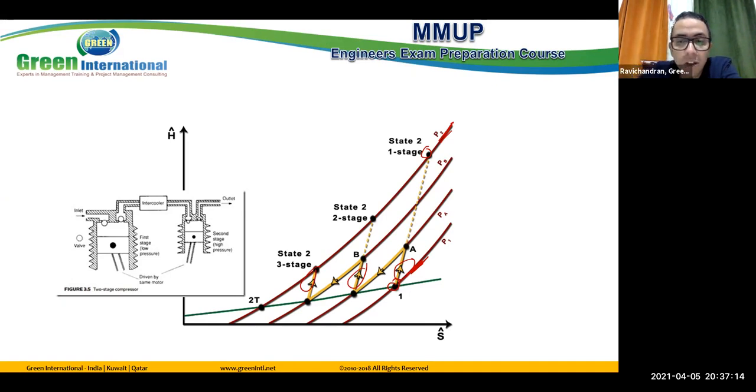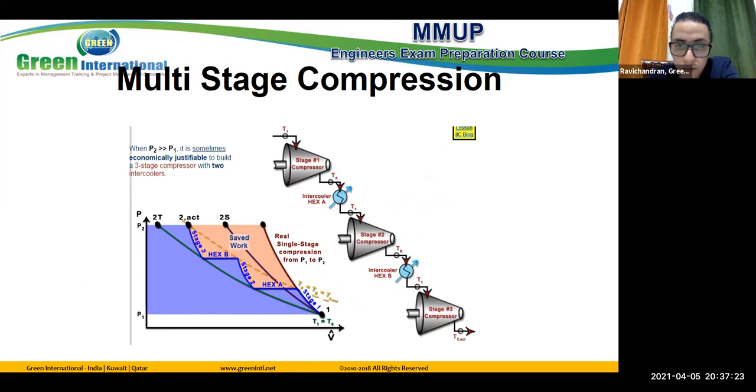Okay, so what is the advantage here? The main advantage is to decrease the work of the compressor, save work. This shows how much work is saved. If you're not going direct, it's going like this in stages.